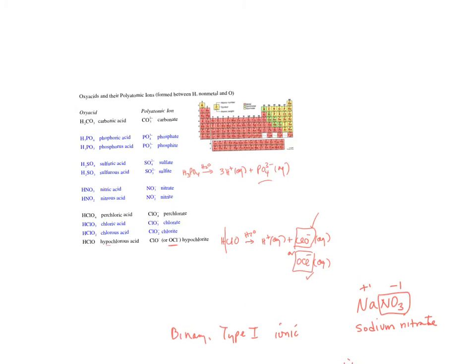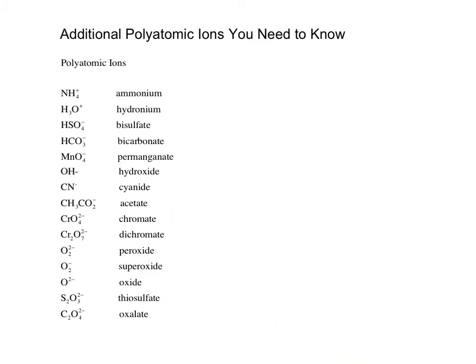We probably want to take, well, actually we'll get to it a little bit. Okay. So we want to look at some more of these polyatomic ions that were not given on the last slide. Here's a list.